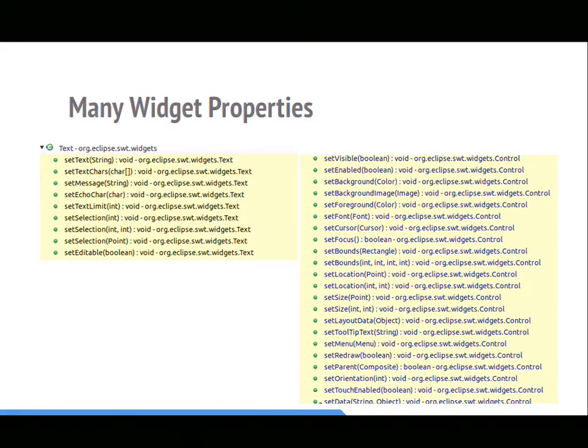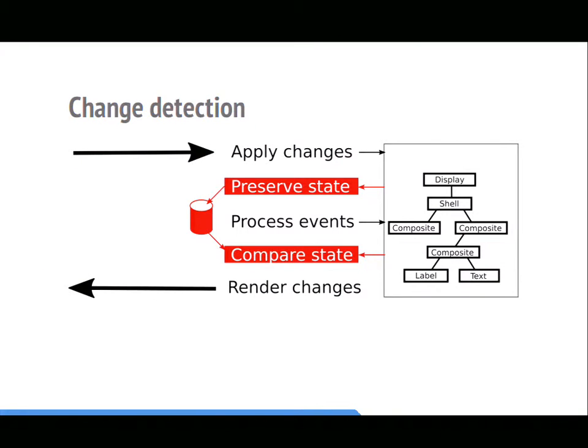And all these properties need to be captured and compared in every single request. So you have many user sessions multiplied by many widgets, multiplied by many widget properties. And all these properties need to be preserved and compared before the request goes out.